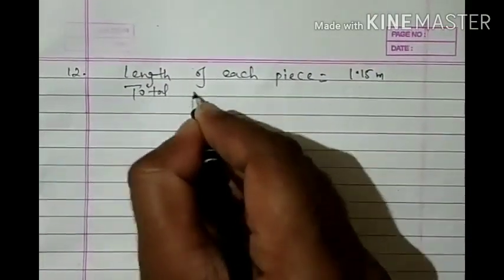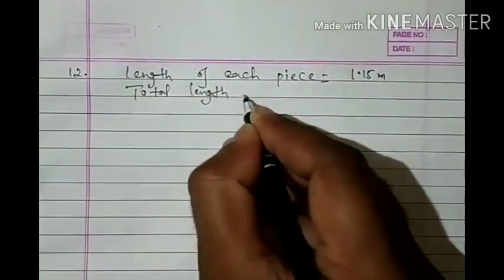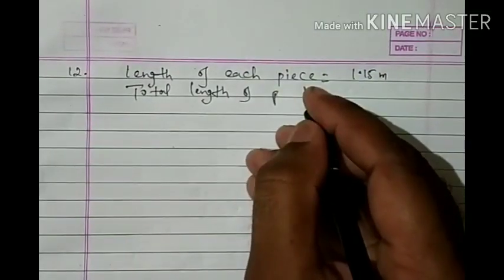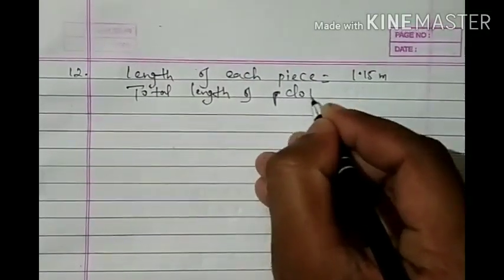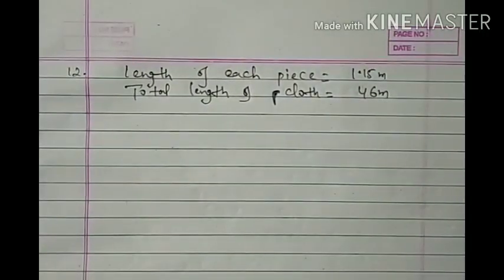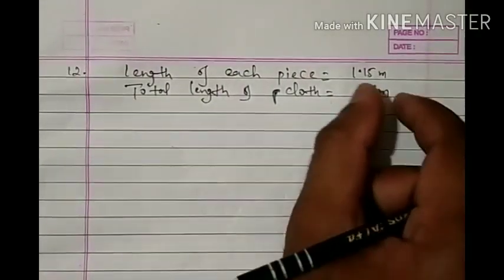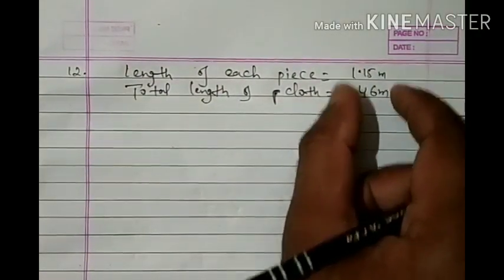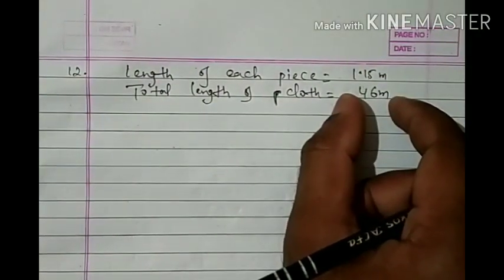Total length of cloth, what is the length of the whole cloth? 46 meter. So we have to find how many pieces she got. She cut pieces of 1.15 meter and the total was 46 meter, so how many pieces did she cut?